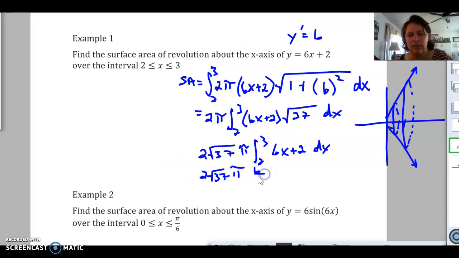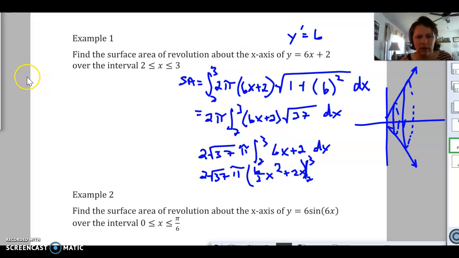And we'll have 6 over 2 x squared plus 2x. And then integrate, evaluated from 2 to 3. Okay. And then put in, so we've got 3x squared plus 2x.